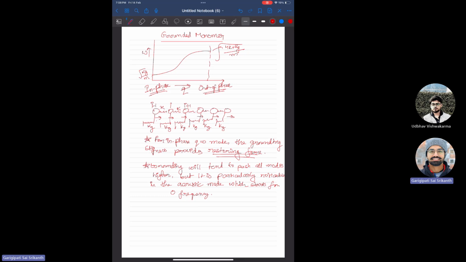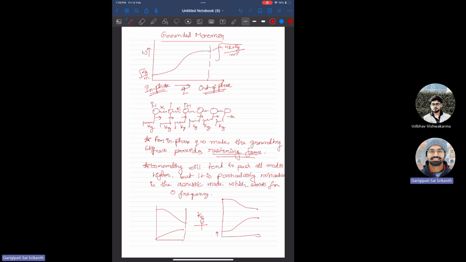Now, if you have any system, let's say if you have a dimer, this is what we were getting for a dimer. What if you add grounding kg? We expect that we'll see something like this, some shift upwards for all modes.